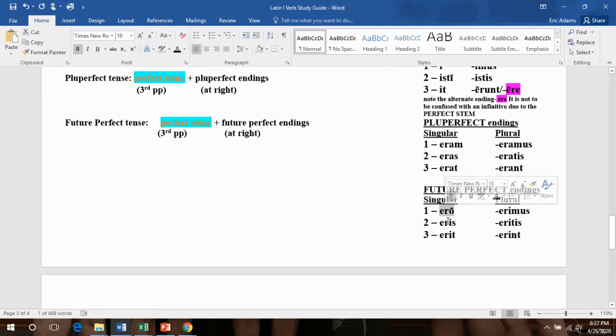And the future, ero, eris, erit, erimus, eritis, and if it were the future of the verb, it would be erunt, but I'd have to take off the dash, and that is the ending erint, E-R-I-N-T, versus the word erunt. So, the future of the verb to be, ero, eris, erit, erimus, eritis, erunt. The future perfect endings, ero, eris, erit, erimus, eritis, erint.